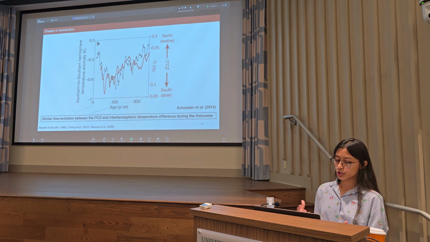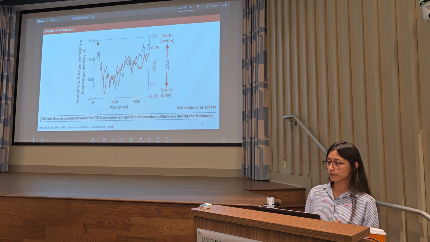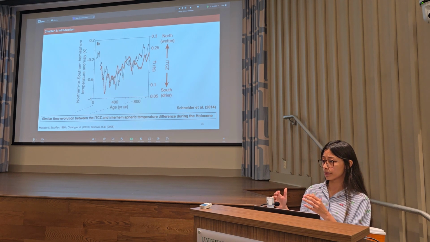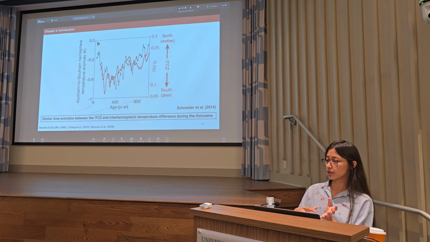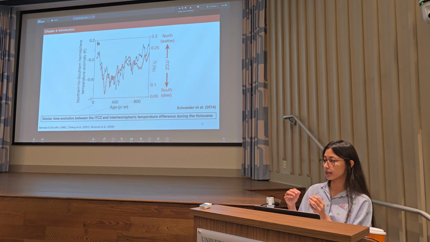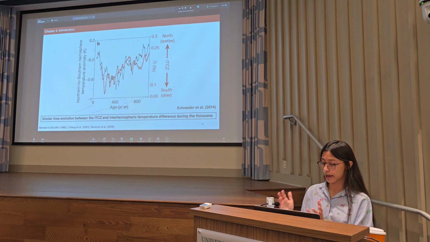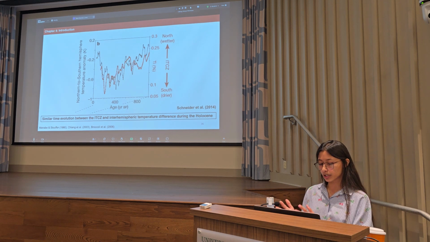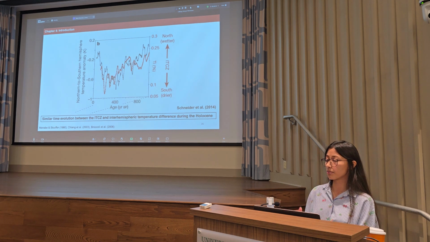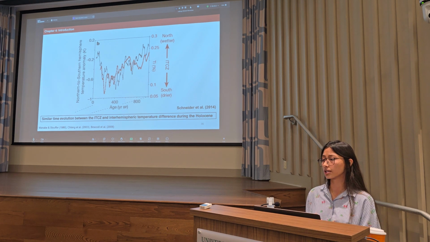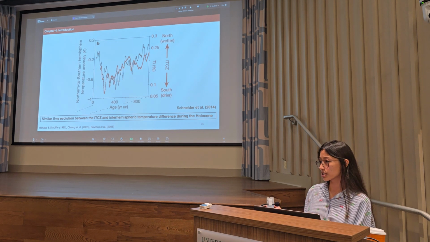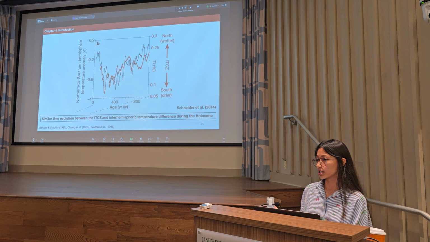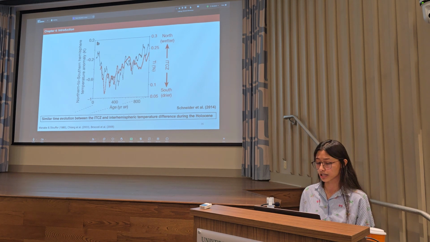So works like Manabe and Stouffer 1980 have introduced this idea of the tropical precipitation migrating in response to a temperature gradient between the hemispheres. And then later works like Chiang et al. 2003 and Broccoli et al. 2006 followed it by showing this migration in presence of interhemispheric temperature gradient using idealized forcing experiments.